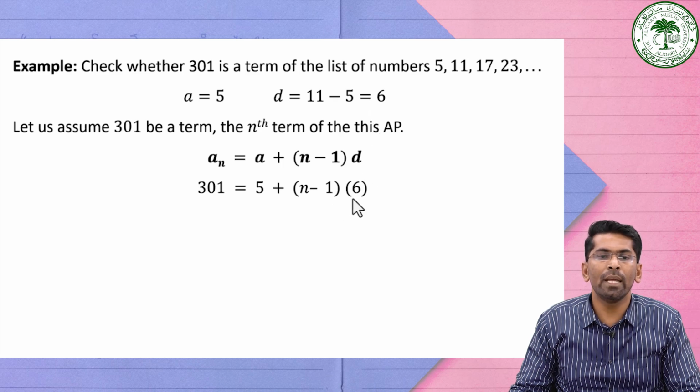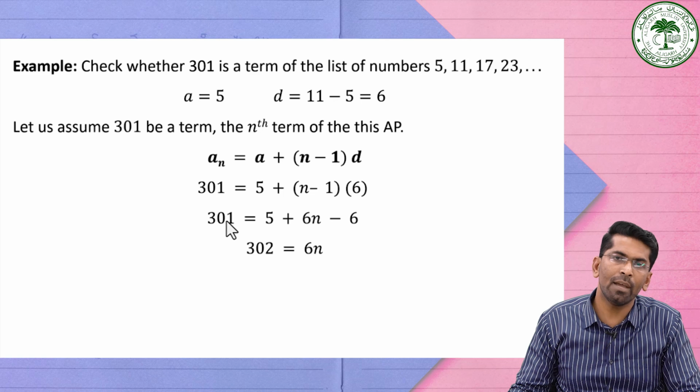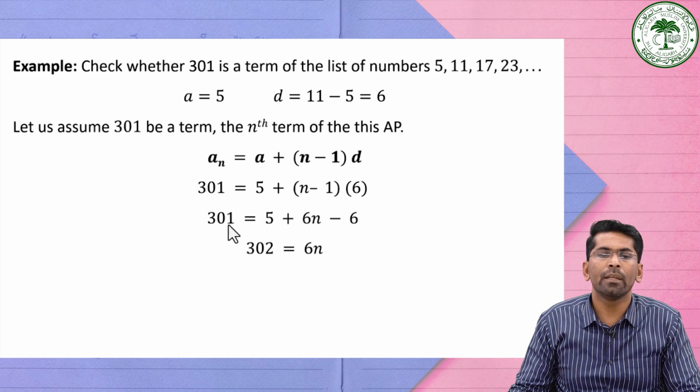Now you multiply 6 with n minus 1, then it will become plus 6n, then minus 1 into 6, which is minus 6. Now we can solve it by taking the difference 5 minus 6, which is equal to minus 1, to the left side of the equation, so it will become 301 plus 1, which is equal to 302, which is equal to 6n.